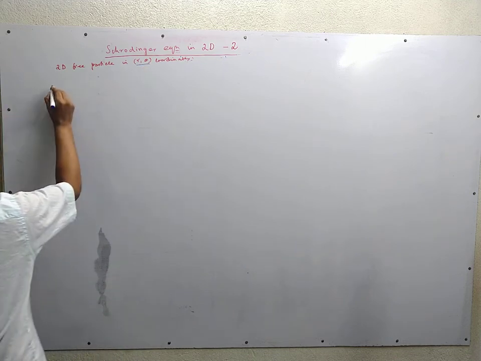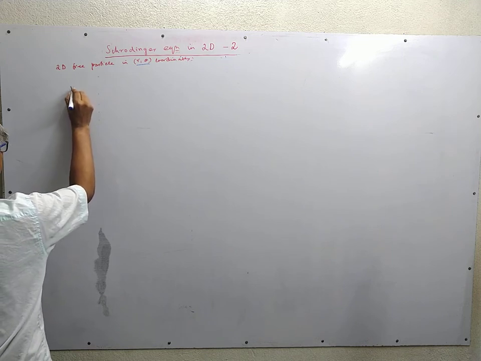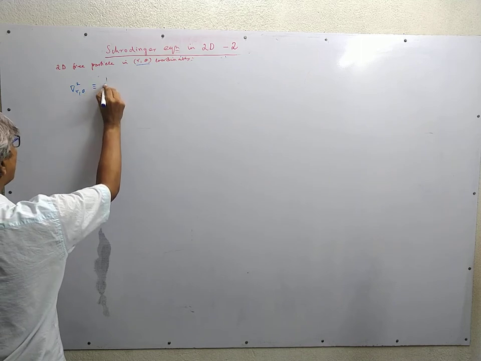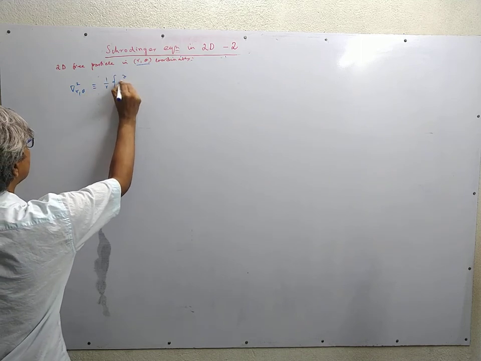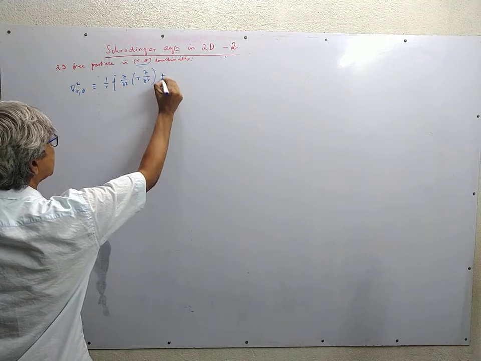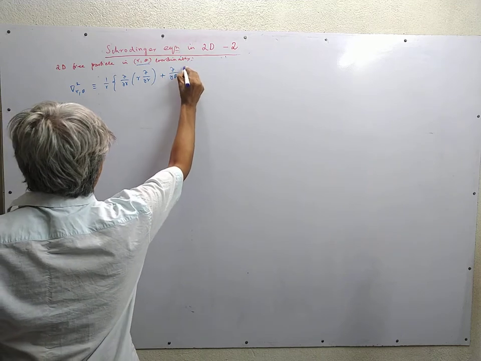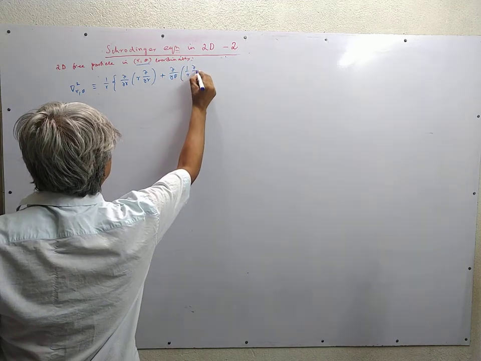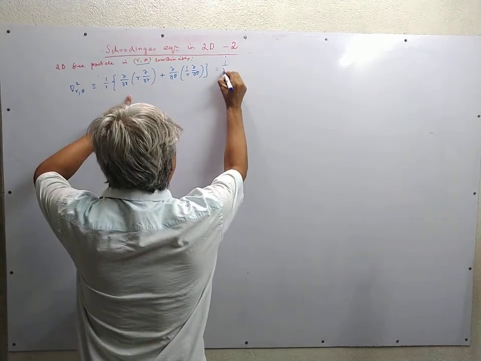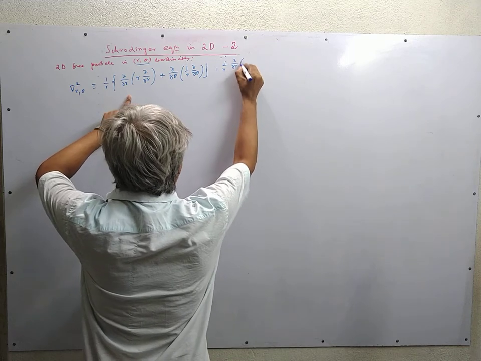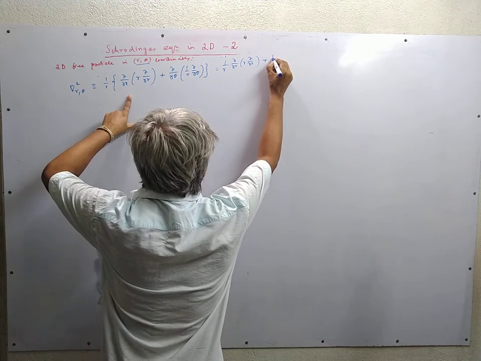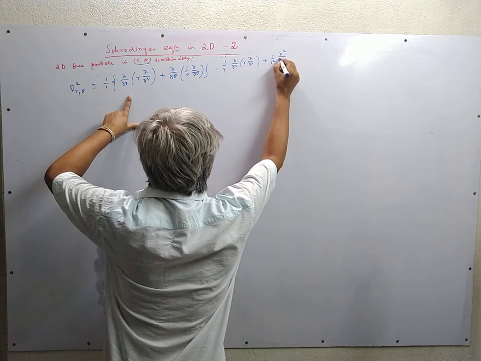The Laplacian operator in r theta coordinates reads as 1 by r del r of r del r plus 1 upon r square del 2 del theta 2.